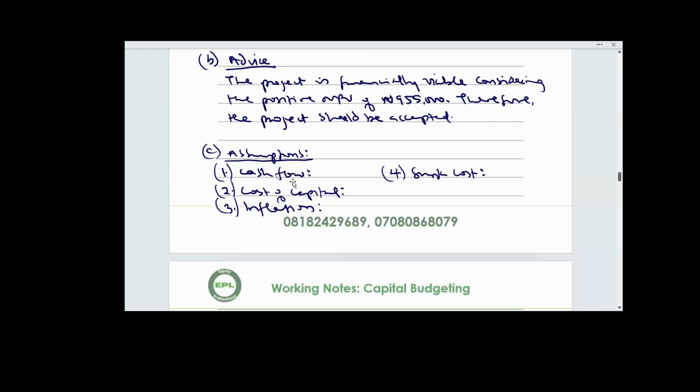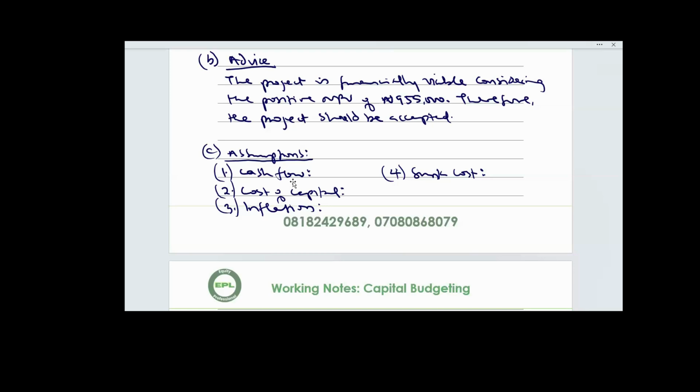Under cash flow, what are you supposed to say? In the question, we are given selling price, variable costs, incremental or attributable fixed costs. We are also given working capital. Our assumption is that the cash flow estimates, especially the sales value, the variable costs, and the fixed costs, will occur at the end of each year.